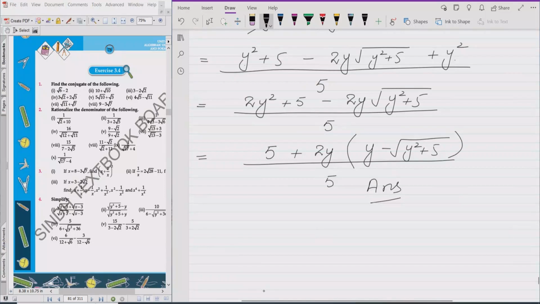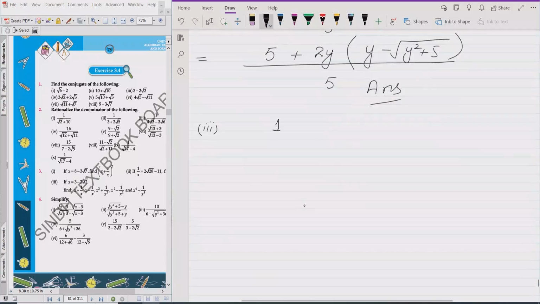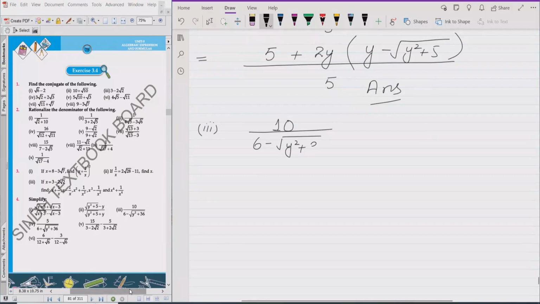Now we have another question, question number 3. Question number 3 and 4 are similar ones, so we will solve only question number 3. So you can simplify question number 4 like question number 3, right? Question number 3 is 10 upon 6 minus root y squared plus 36, right?